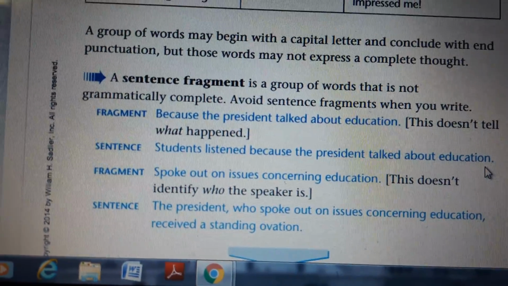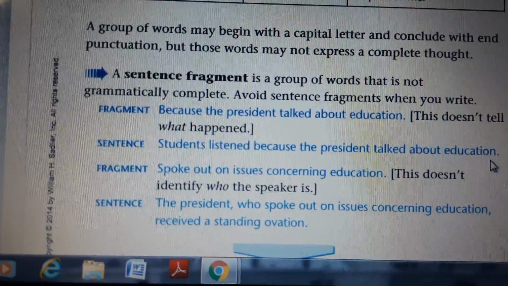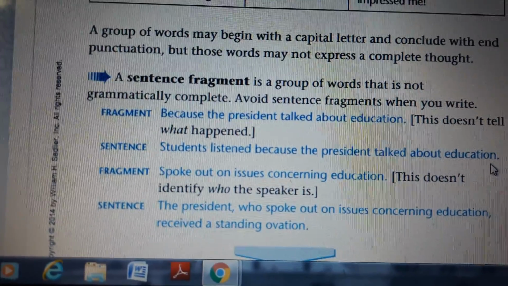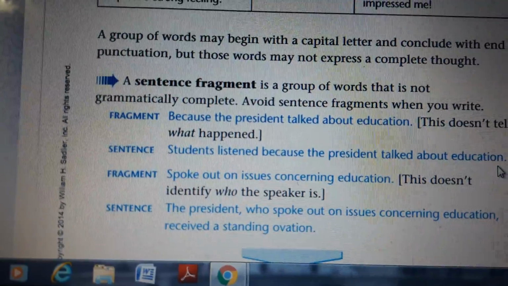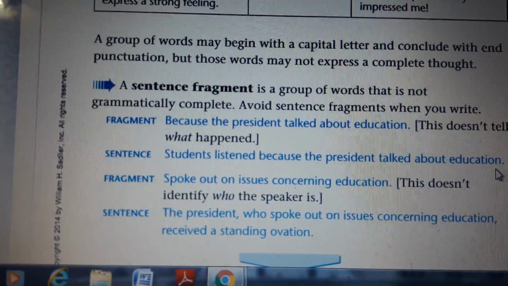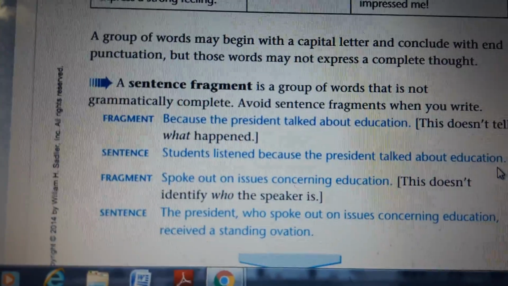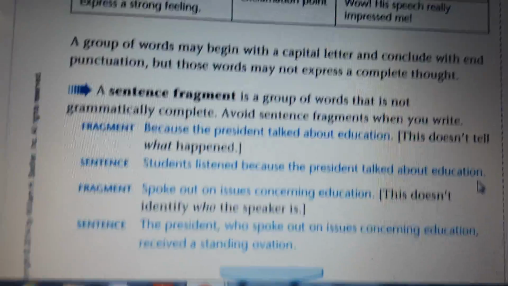And here we have another fragment: "Spoke out on issues concerning education." Again, this doesn't identify who the speaker is. So who talked about education issues or education problems?